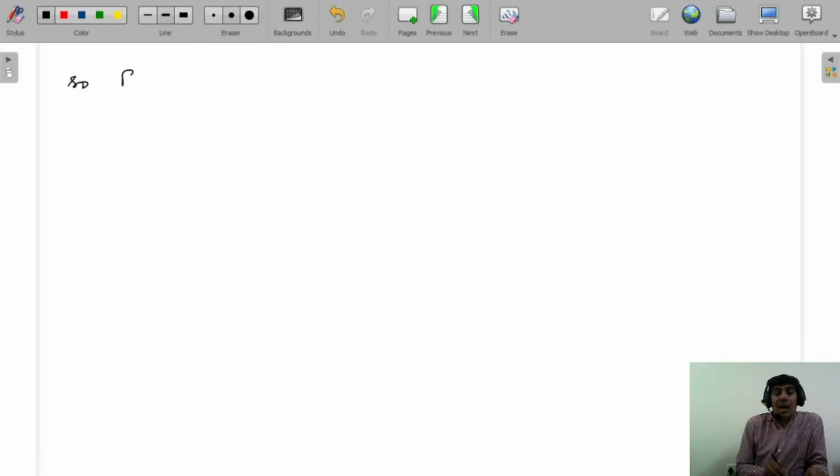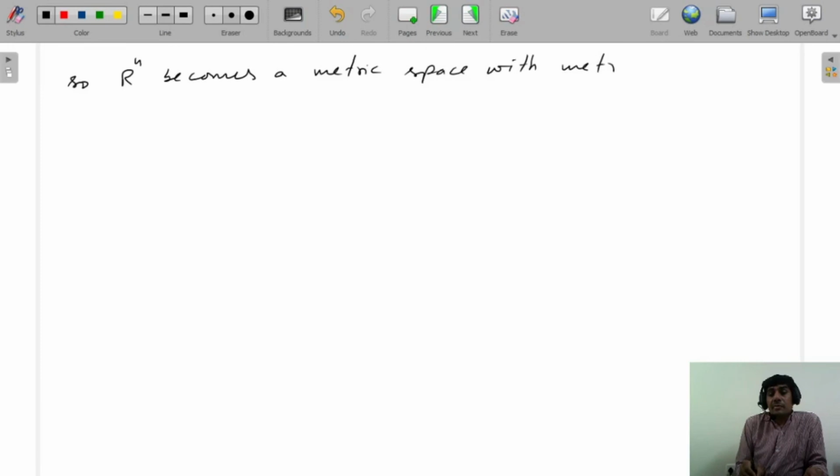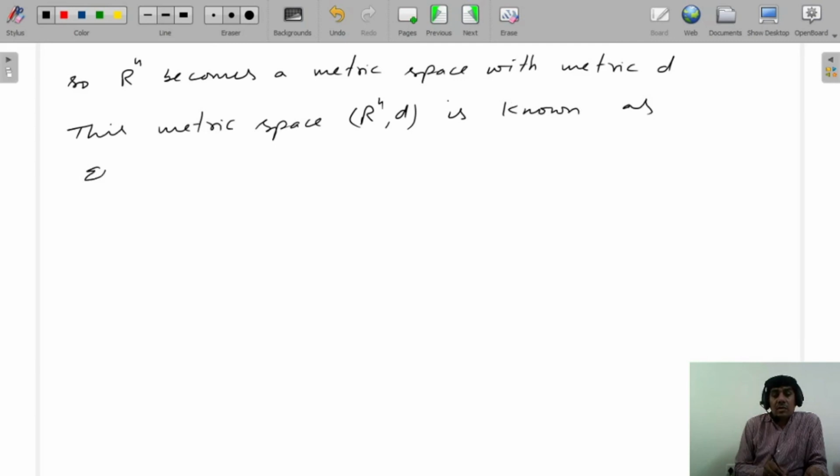So Rn becomes a metric space with metric d. This metric space Rn with d is known as Euclidean metric space.